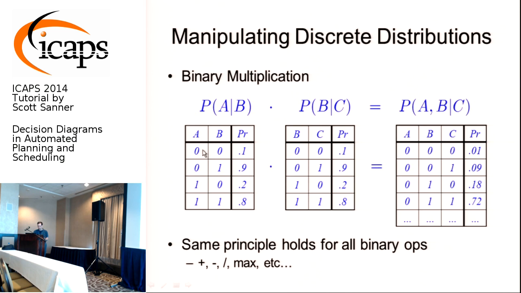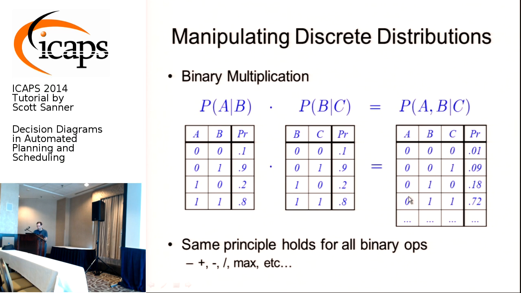You can think of operations on tables as kind of like an arithmetic join. We know the output function is over variables a, b, and c, because those are in our input functions. We didn't get rid of them. So you can just go through every case, a equals 0, b equals 0, c equals 0, and look up in each of the constituents what probability you took. If a equals 0, b equals 0, you get 0.1. If b equals 0, c equals 0, you get 0.1. 0.1 times 0.1 is 0.01.